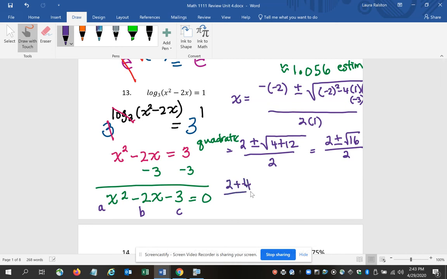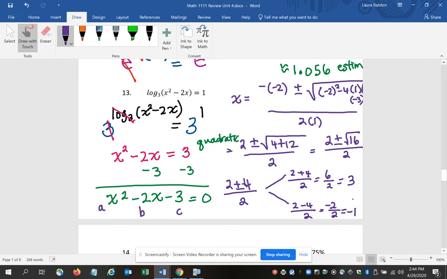It's 4. So I end up with 2 plus or minus 4 over 2. So we would have 2 plus 4 over 2, which is 6 over 2, or 3. Or we would have 2 minus 4 over 2, negative 2 over 2, which is negative 1.